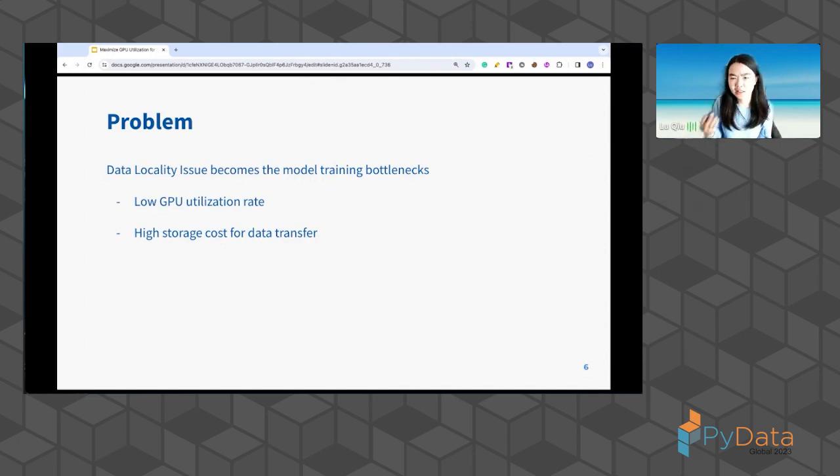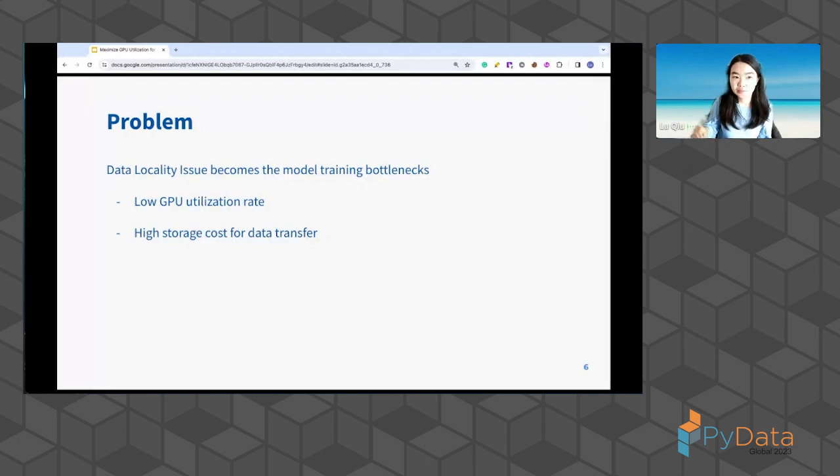And in these cases, many of the training workloads are running in Kubernetes clusters, which are separated from their cloud storage systems. Their storage system may be a cloud storage system, like AWS S3, Azure Blob Storage, or Google Cloud Storage, or on-prem data storage, like HDFS or Ceph. And how to make those huge data sets in their storage system ready for their training becomes a problem.